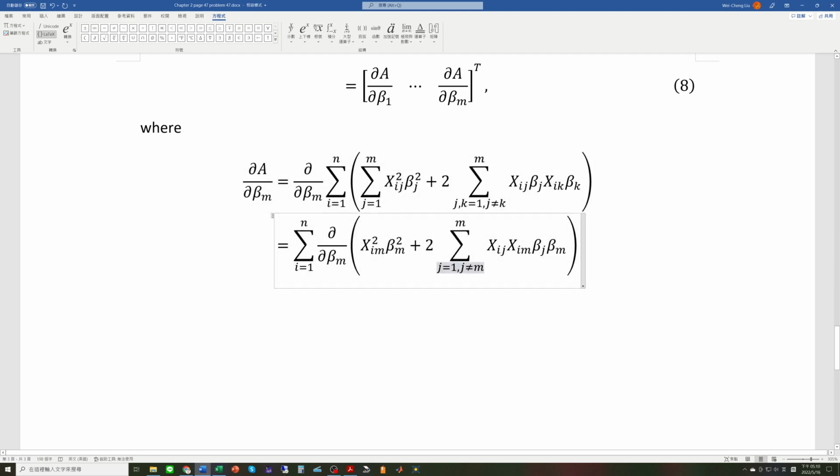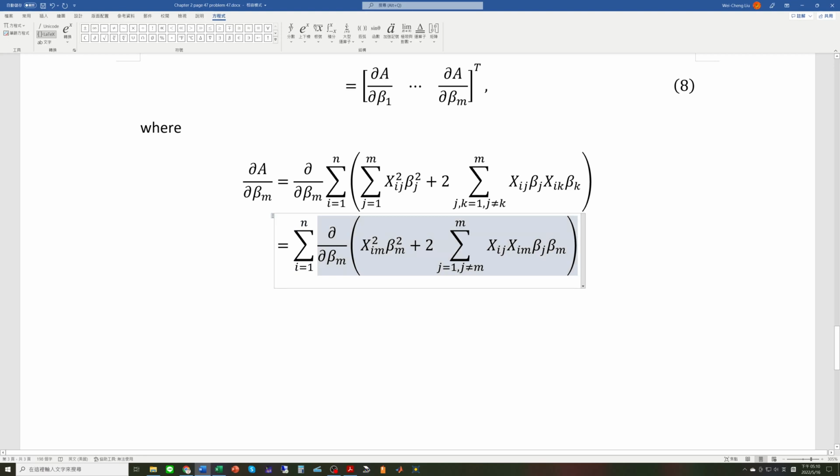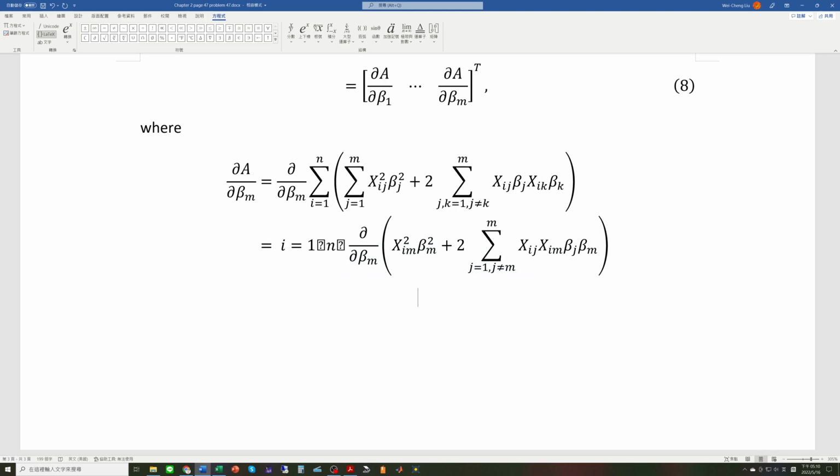If you cannot understand this step, you can calculate from this equation by yourself, on a paper with a pen, and do not look at our blackboard. Try to do it yourself. So sorry.